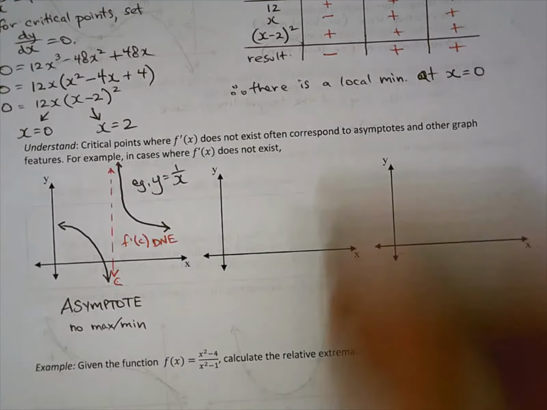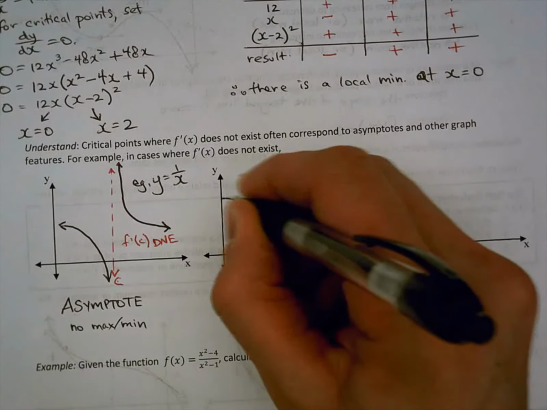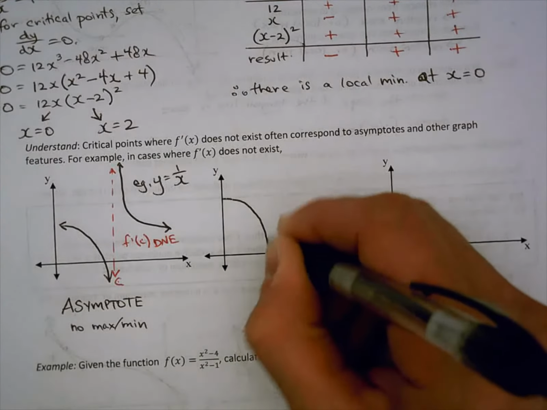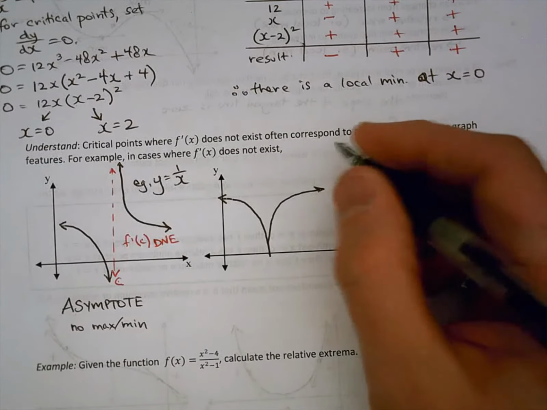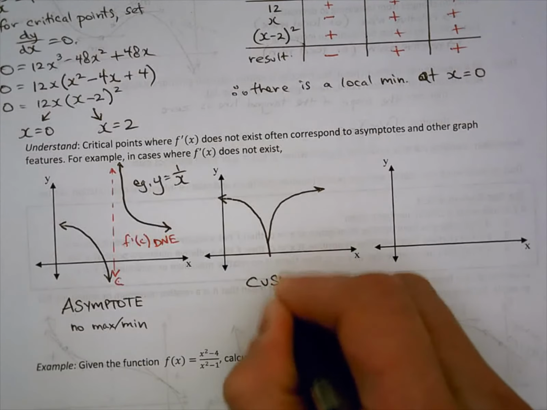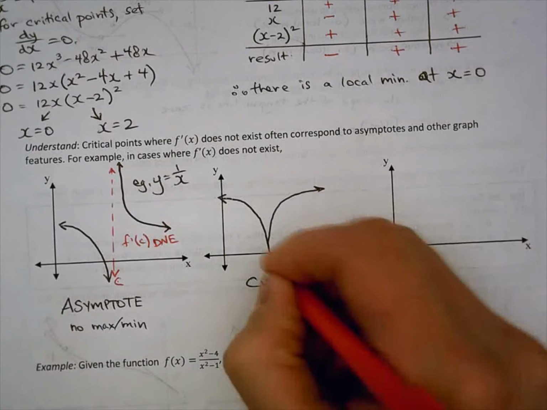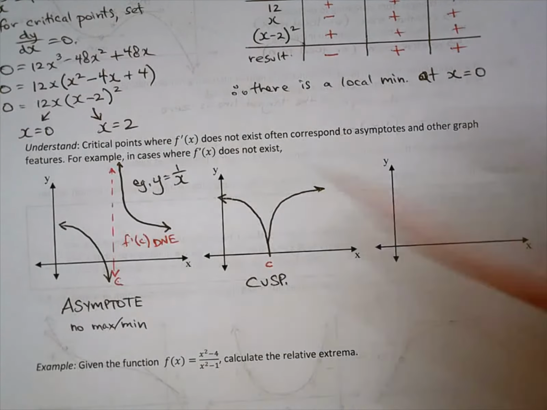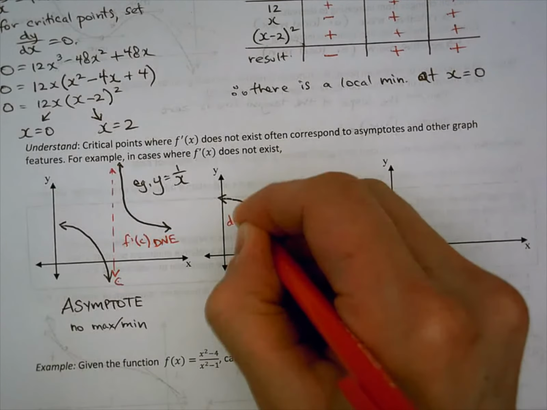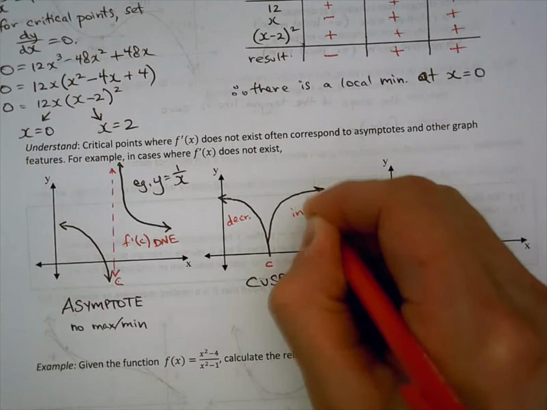Another situation you could have would be this neat shape, which is called a cusp. This is my critical point there, or my critical number. In this case, I have a function that's decreasing, and in this case, I have a function that's increasing.